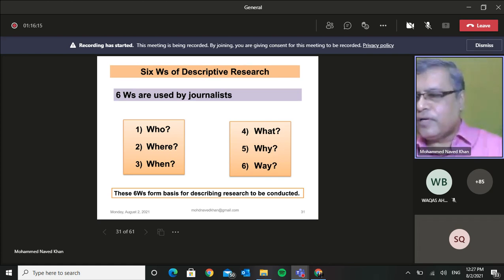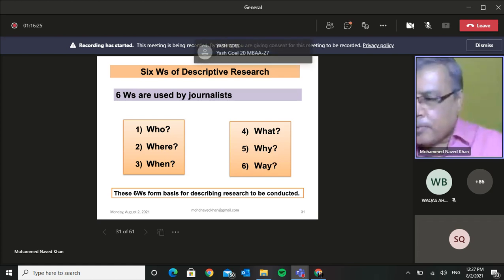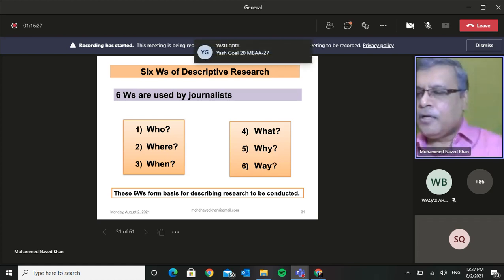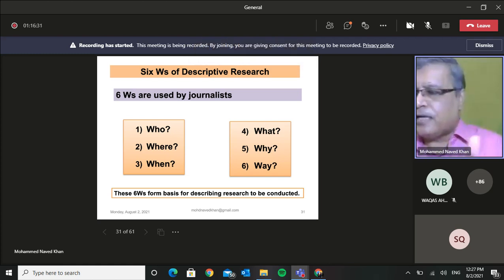For example, you have to decide that suppose you will be approaching them face to face. You will be administering the questionnaire by calling them to some kind of location, or approaching them and having a face-to-face interaction, or for example, it will be a telephone-based survey. So the way in which it would be done by you, the manner in which it would be done by you, that is all covered under this.